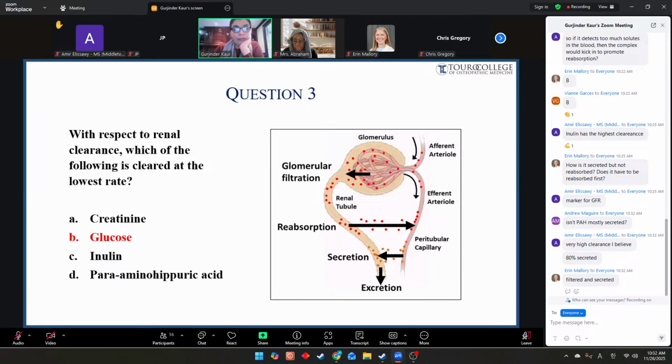Amir, yes? Hi, Dr. Kaur. Sorry, I was just looking at this again. Could you clarify the 20% filtered and 80% secreted, so I understand the clearance aspect? So see, I told you yesterday that we use PAH as a marker for how your renal blood flow is, right?